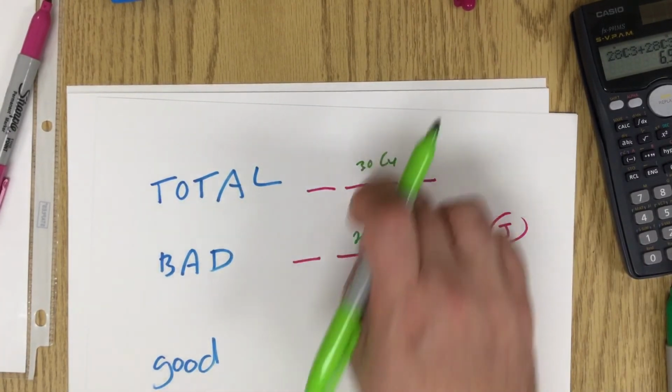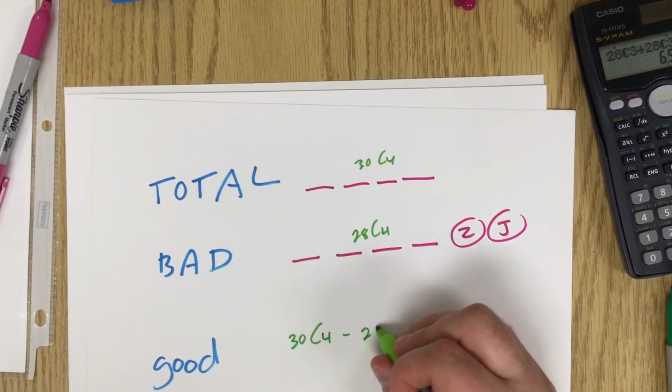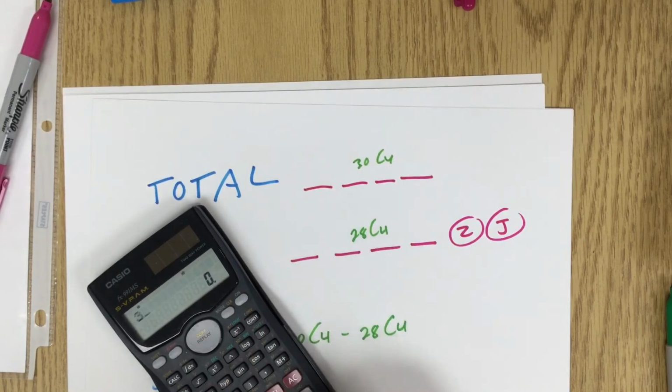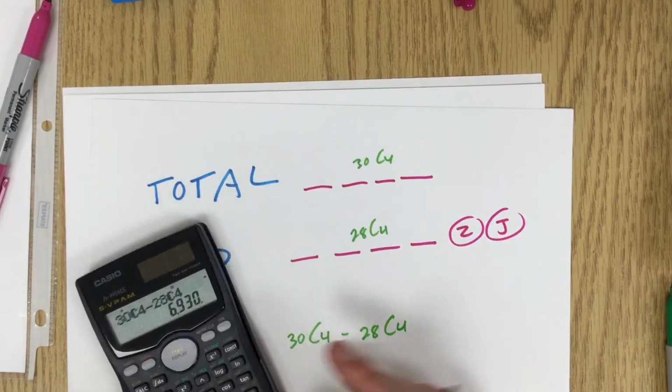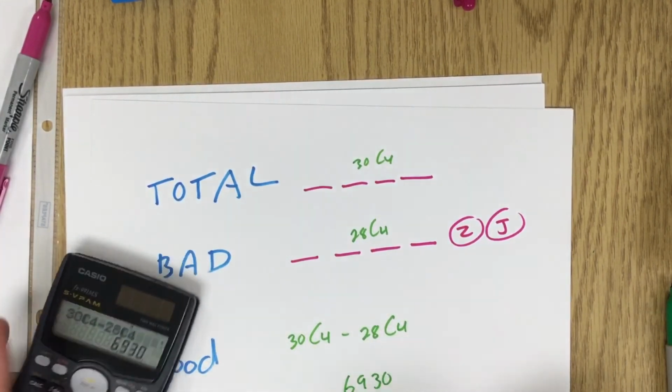And so the good is going to be the total minus the bad, which is 30 choose 4 minus 28 choose 4, which is, again, 6,930, which is kind of neat.